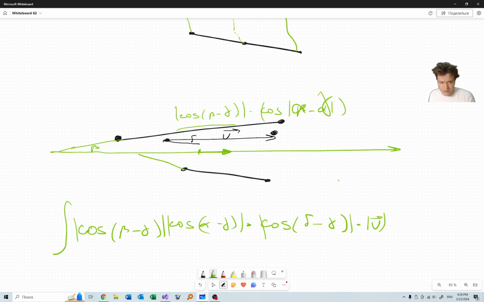So actually, it's not very hard. We have this expression, a product of 3 cosines and a number. This is not bad. This is actually okay.